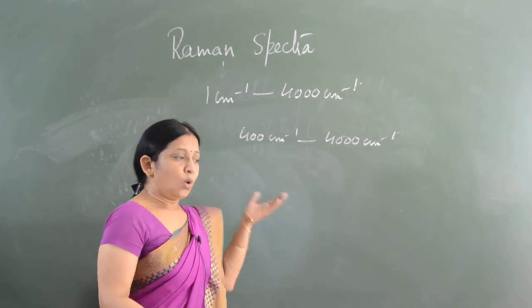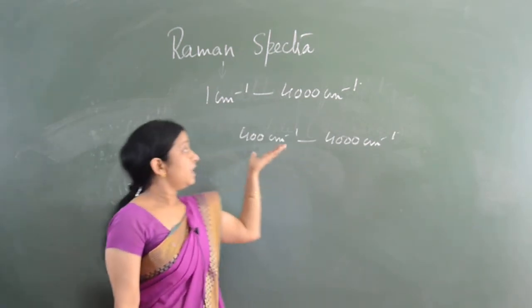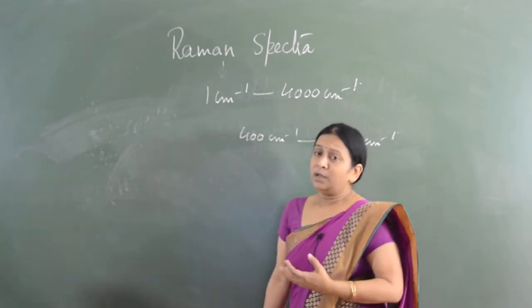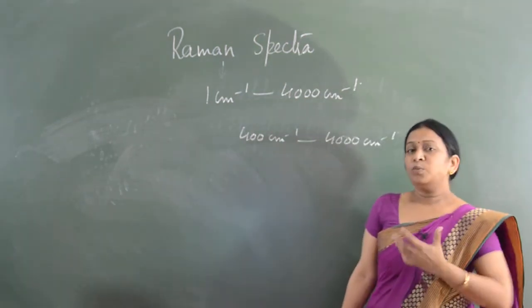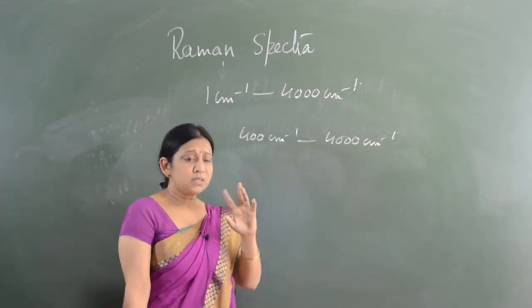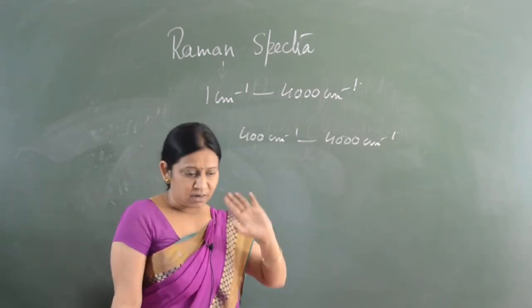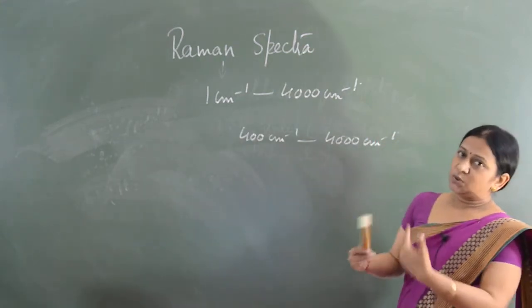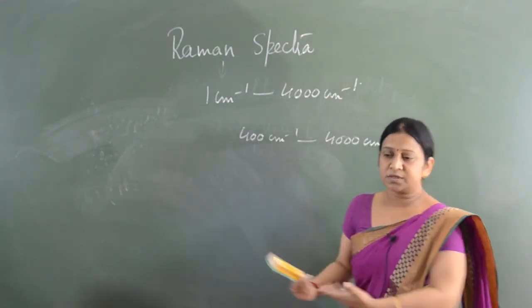So, the whole of the IR spectra lies within the Raman spectra. That is why we say that Raman and IR are complementary to each other. So, they are similar as well as having some differences.